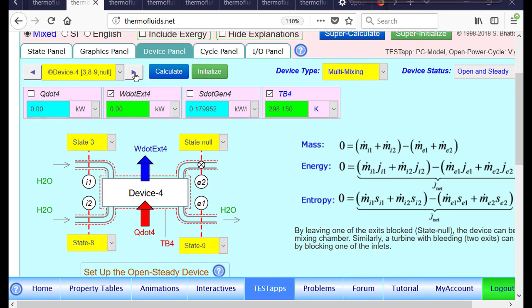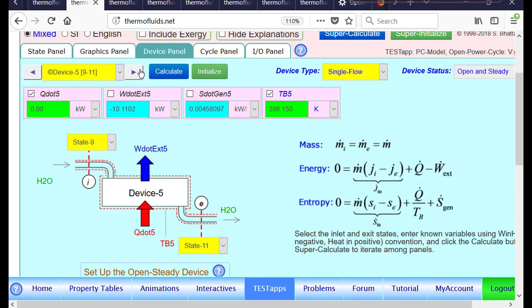There are two more devices only. Device 5 is the second pump, which has 9 and 11 as the inlet and exit states, and work is calculated. Finally, device 6 is essentially the boiler. We're going from 11 to 1, so heat transfer is found.